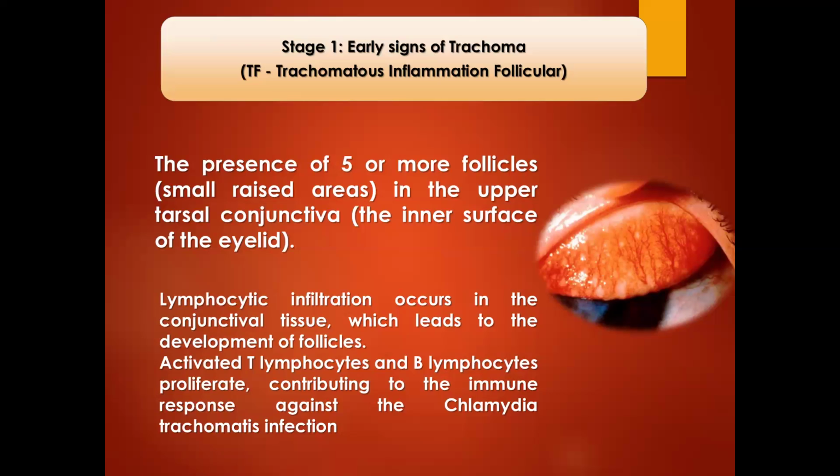And this is a result of the activation of T lymphocytes and B lymphocytes, which proliferate due to immune response to Chlamydia trachomatis infection of the eye. So that is what, let's look at it, it's becoming vascularized and follicles are developing. And these follicles contain immune cells.